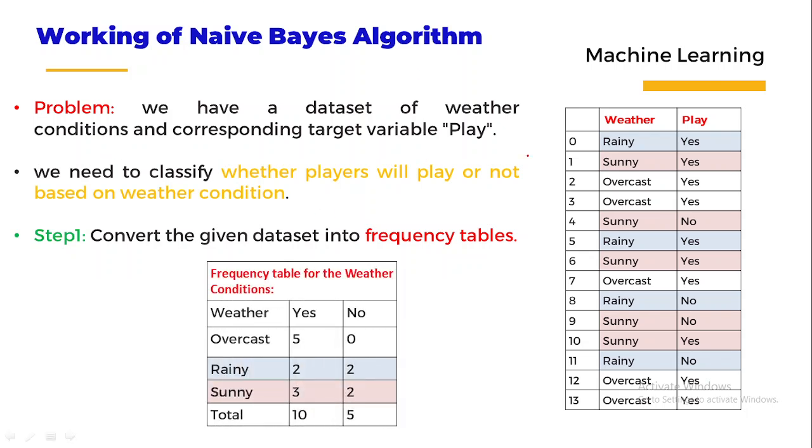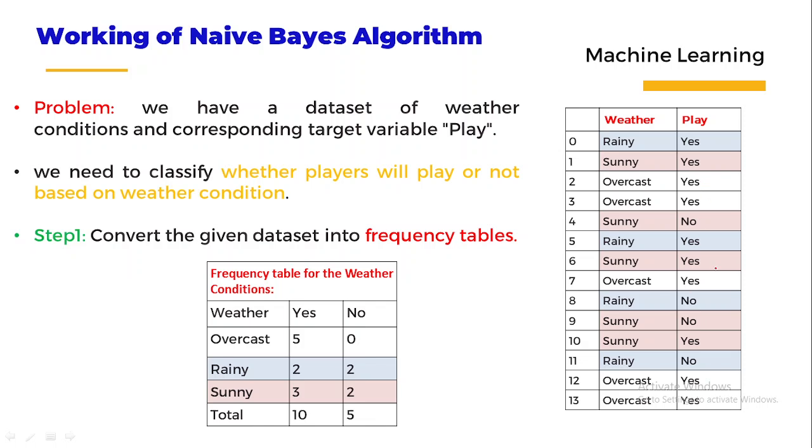Here we are converting this data set into the frequency table for the weather variable. For weather we have yes and no values, so we have written yes and no here. In weather three values are there: overcast, rainy and sunny. Go through the data set and see for overcast how many yes are there.